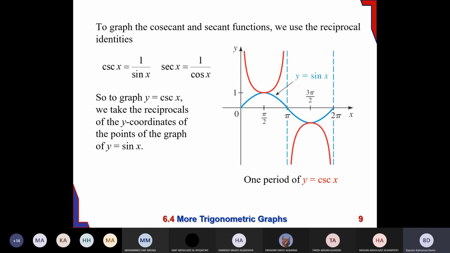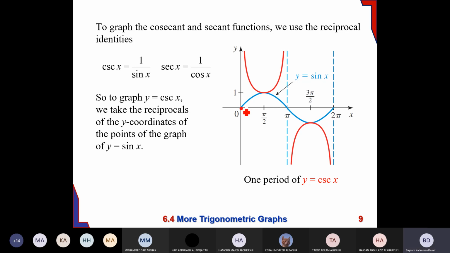And because the definition of cosecant is 1 over sine, if sine gets 0, right, then 1 over sine will be undefined, Shabab? Okay. When is sine 0, Shabab? Well, at the x-intercepts, right? That means sine is 0.